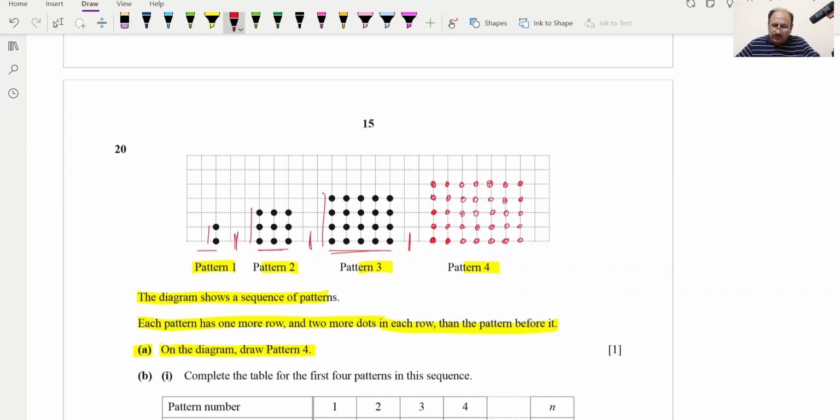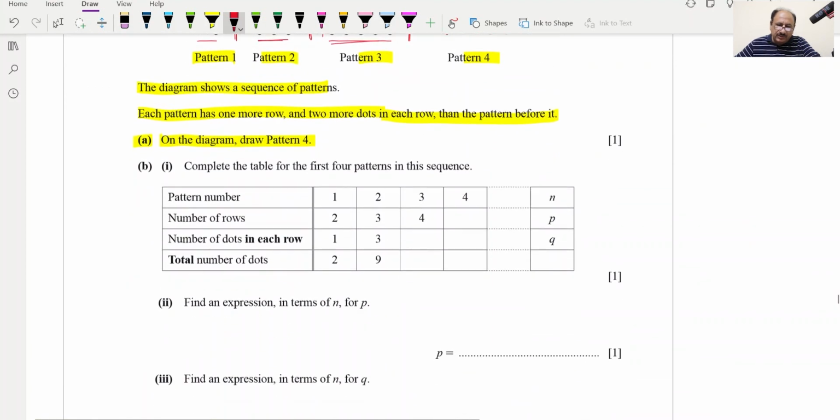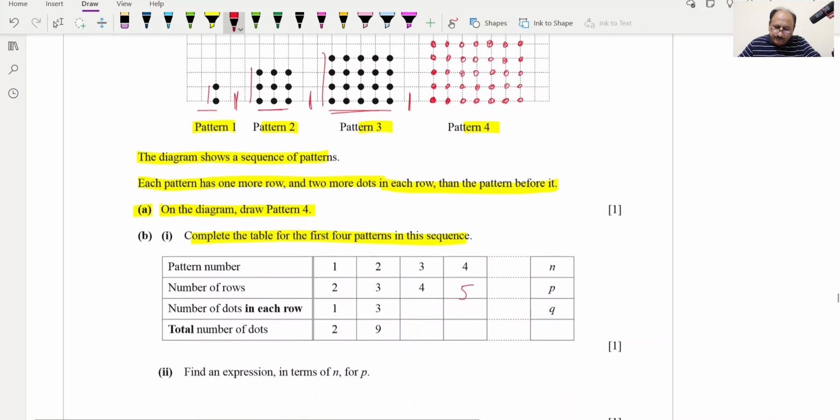Now it's done. Now they're saying complete the table for the first 4 patterns in this sequence. So what we will be doing, we will be writing number of rows 2, 3, 4, then it will be 5, and then number of dots in each row will be what? 1, 3, 5, and next will be 7.